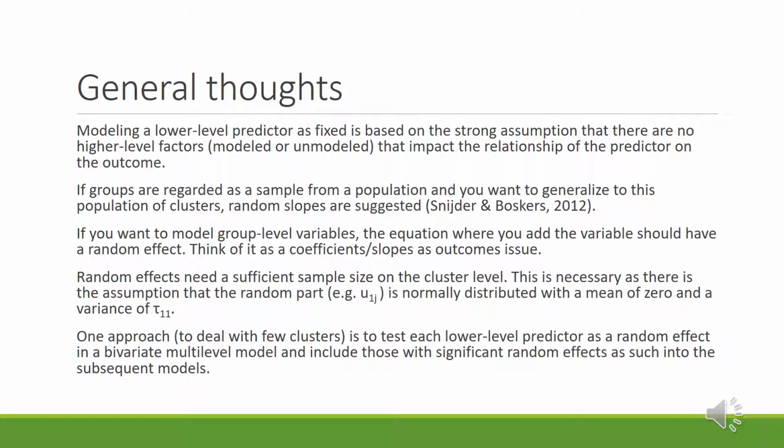So let's say we're pulling a sample of schools or clinics or neighborhoods, and we're randomly sampling those and we want to draw general conclusions, then you need a random effect here. If you want to model group level variables, the equation where you add the variable should have a random effect.